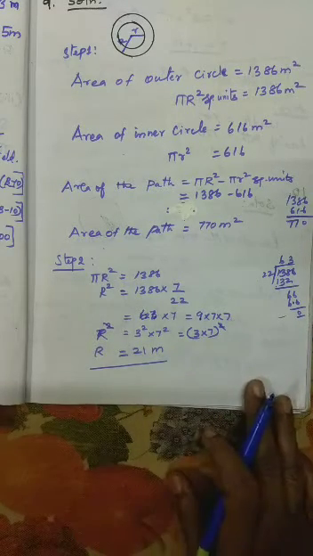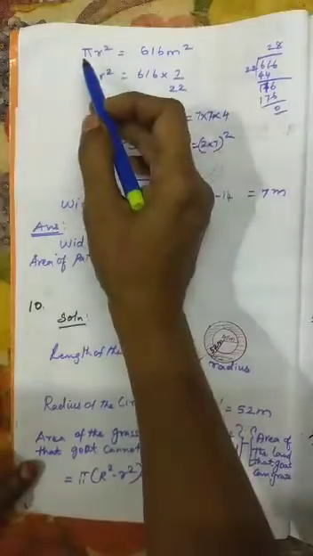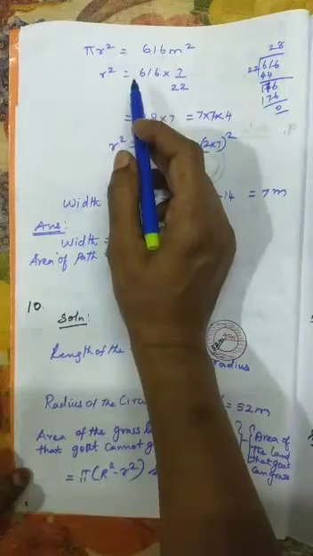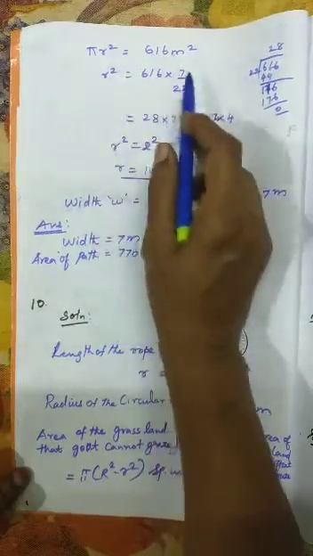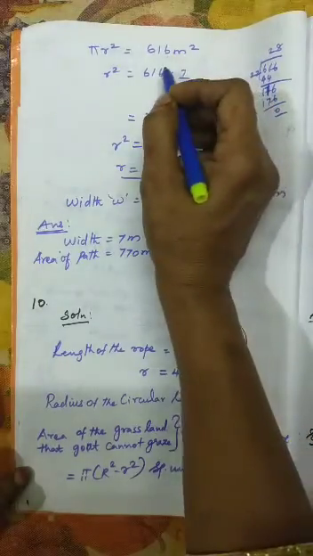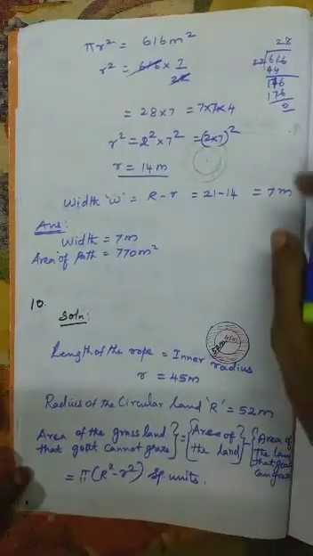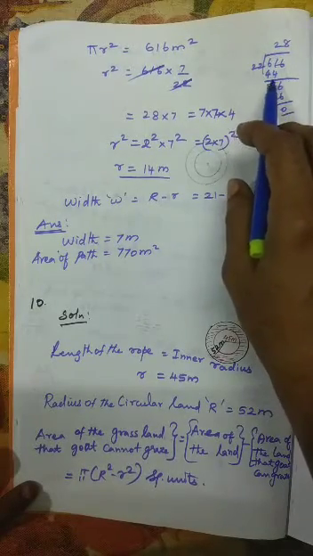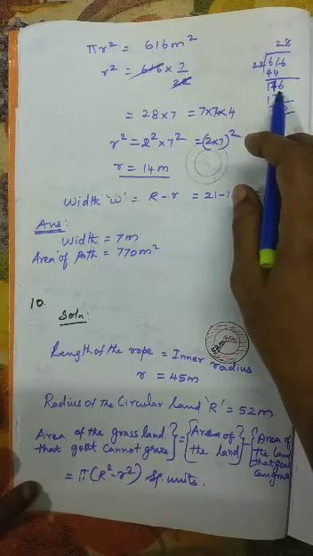Capital R is equal to 21 meter. Pi small r square is equal to 616 meter square, is equal to 616 into, bring this pi to this side, means 7 by 22. Now here also you can cancel 22 and 616. Otherwise you divide like this. 2 times 44, then remainder 176.